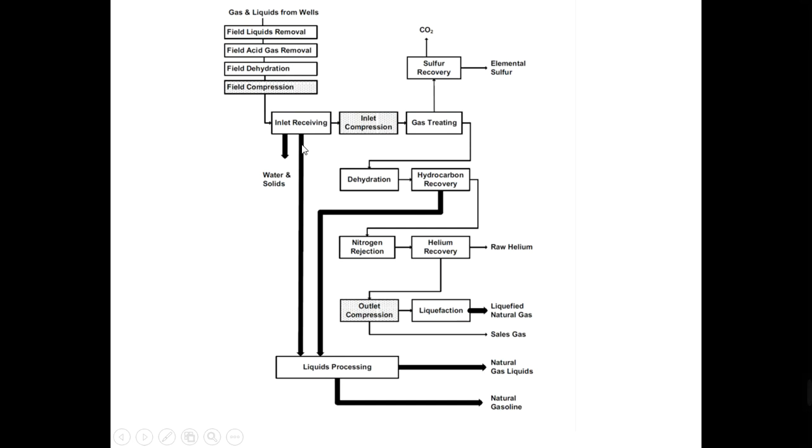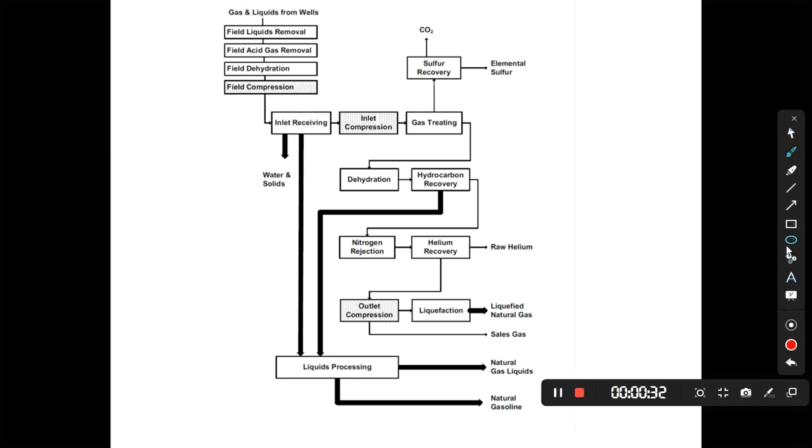Well, first of all, as you know, we have discussed this chart, that when the gas comes from these wells, the first thing is the inlet receiving. In the inlet receiving, we remove any water droplets. We make sure that the pressure is maintained. We make sure the temperature is maintained.